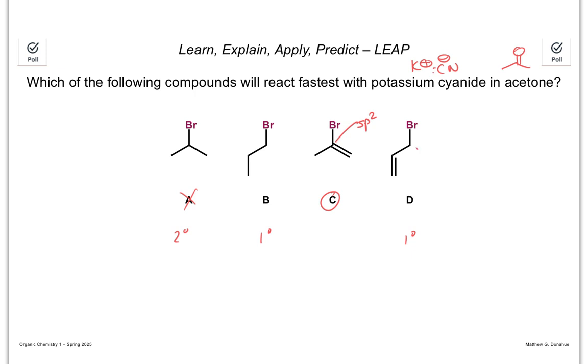This carbon here, that's the allylic carbon. And we saw from the radical substitution chapter that allylic carbons tend to be the most reactive. That sp3 hybridized carbon bonded to the alkene imparts a special reactivity. So D is going to be the correct response here.